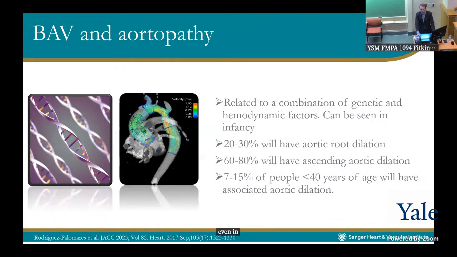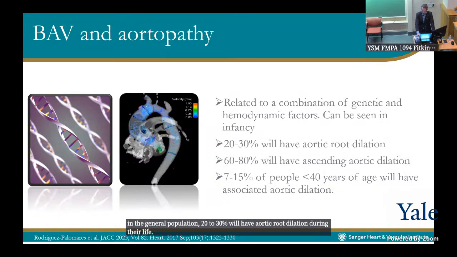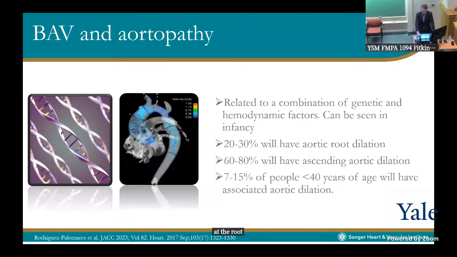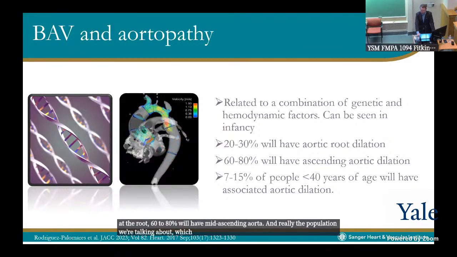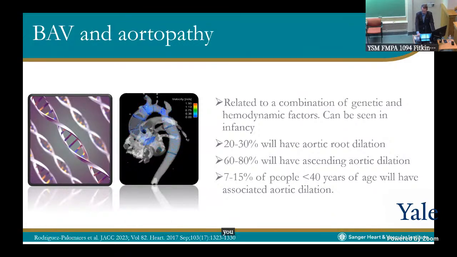And so it's common in the general population. 20 to 30% will have aortic root dilation during their life at the root. 60 to 80% will have mid-ascending aorta. And really the population we're talking about, which is the young athlete, the collegiate athlete, 7 to 15% of these will have aortic dilation depending on what data set you look at.